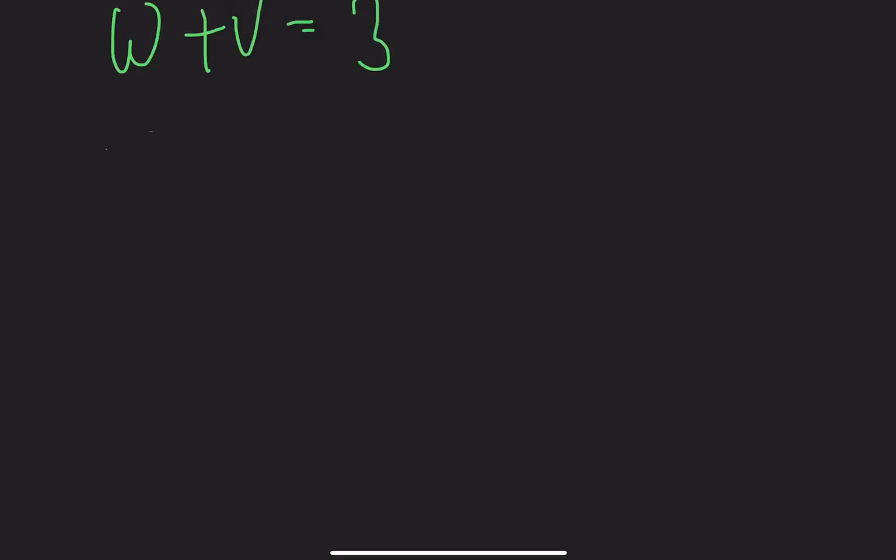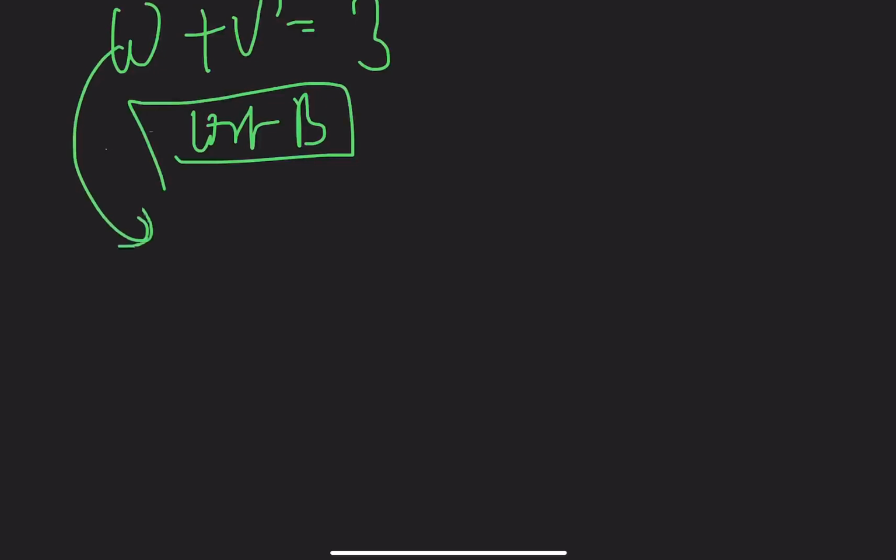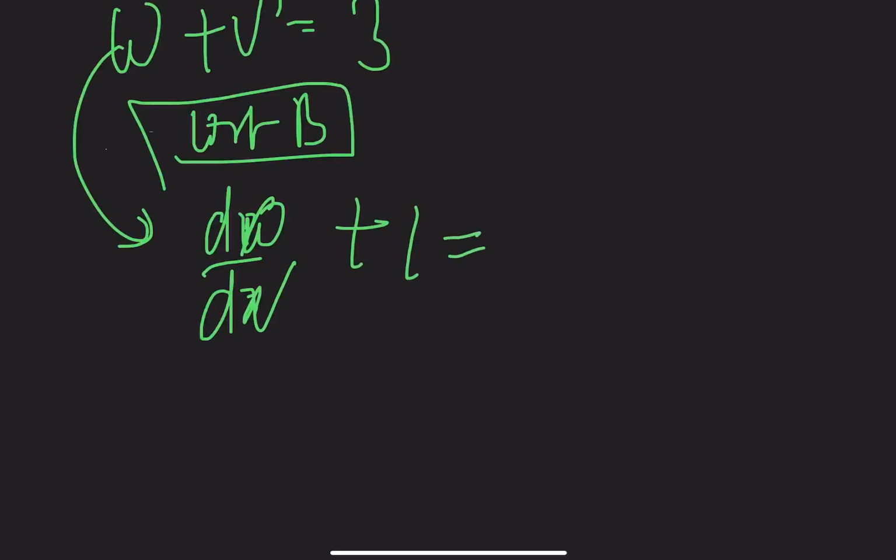Okay, differentiate it with respect to v. That is what I have to do. So I will differentiate it as w is 1, it's a variable, the derivative of w is 1. This is going to be dw by dv plus 1 is equal to 0.